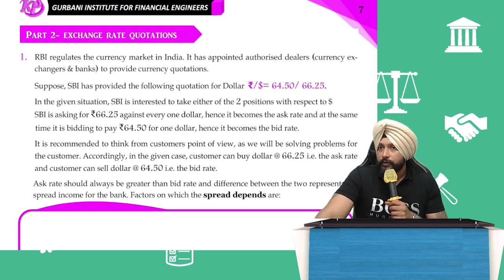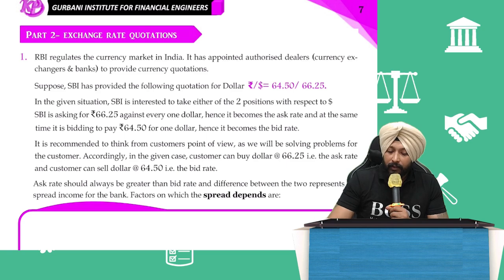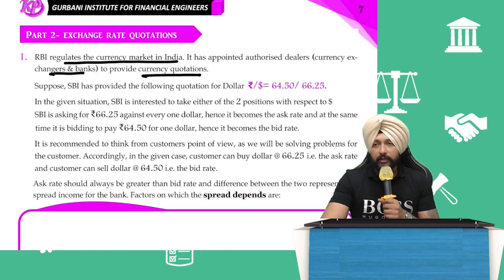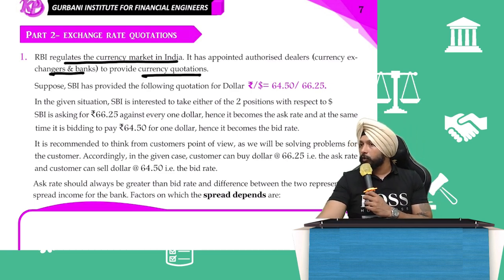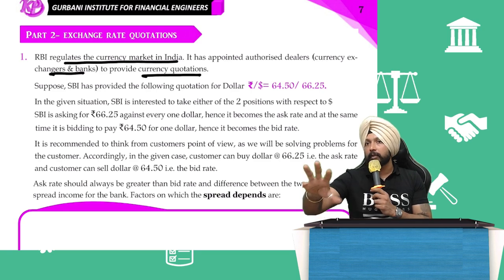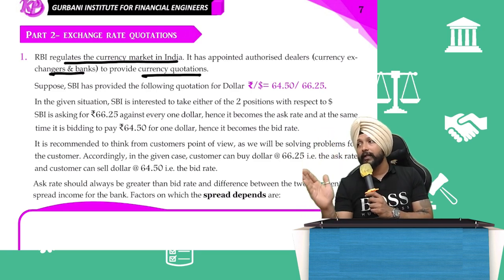Exchange rate quotations. So basically, like I told you, RBI regulates the currency market in India. It has appointed authorized dealers, that is currency exchangers and banks, to provide the currency quotations. Western Union, Matrix, Centrum are some companies who only deal in currency.